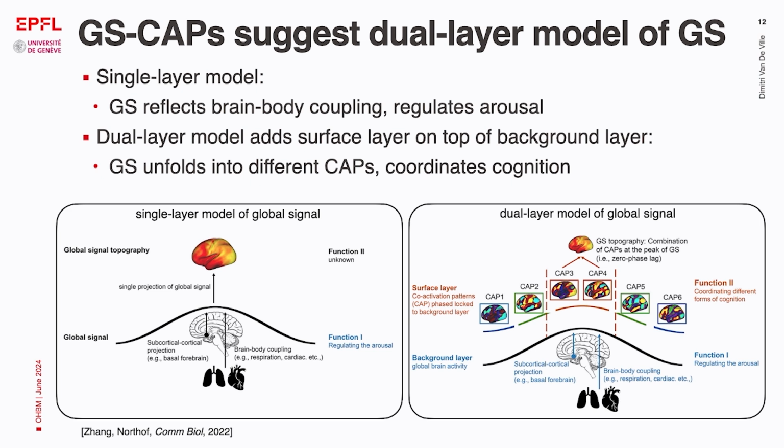And so there is a dynamic repertoire of spatial configurations right on top of these global signal peaks, and that would suggest that global signal is indeed intricately linked to cognition as well. Maybe it's coordinating, maybe it's modulating, but it suggests a link.